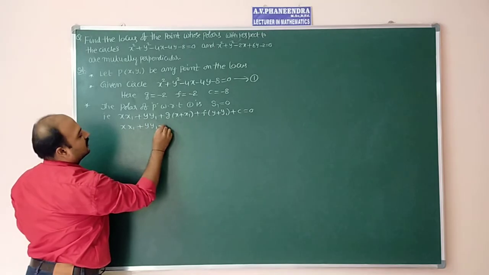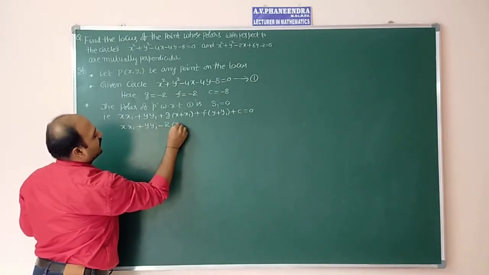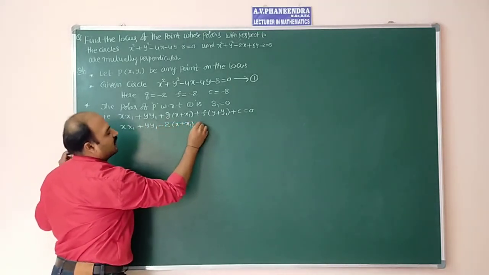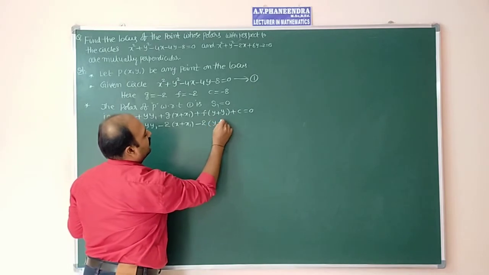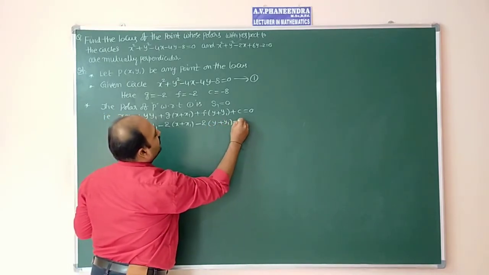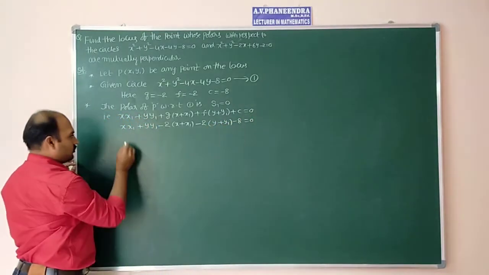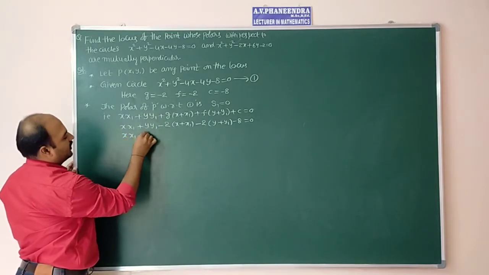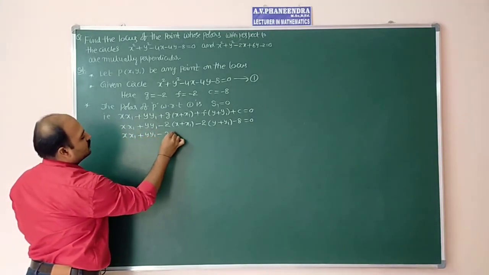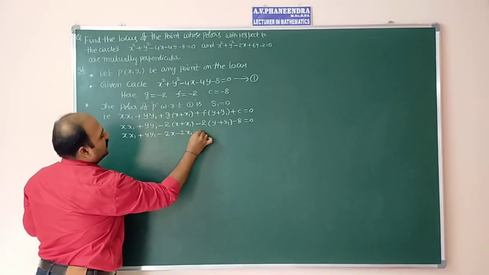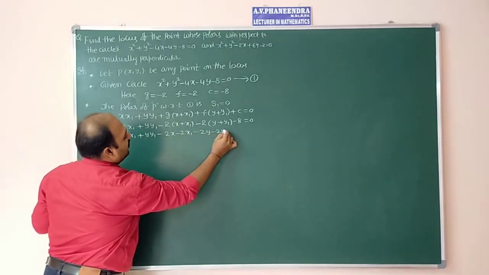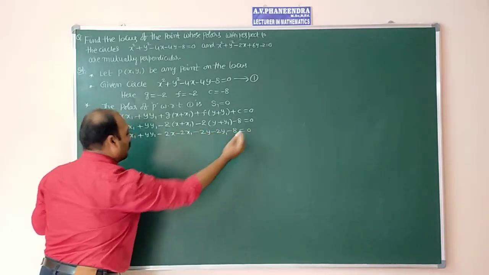xx1 + yy1, g value is -2 into (x + x1), f value is -2 into (y + y1), plus c value is -8. So xx1 + yy1 - 2x - 2x1 - 2y - 2y1 - 8 = 0.